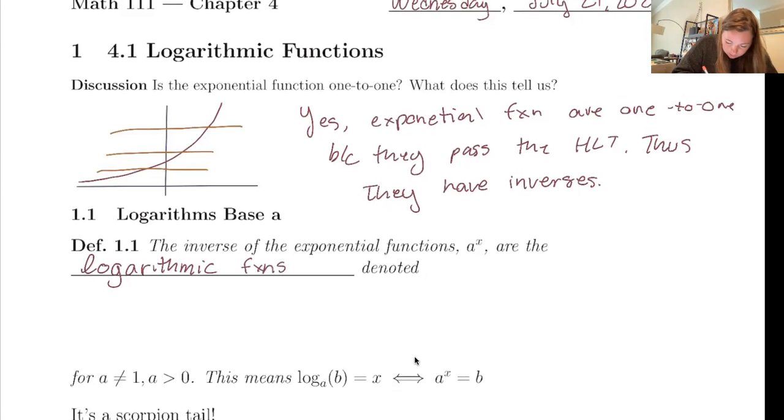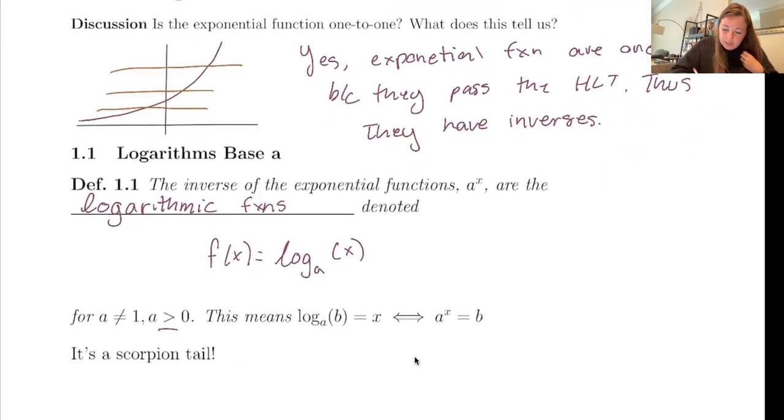And those are f of x equals log base a of x, for a not equal to 1. Remember, for our exponential functions, a couldn't equal 1 either; greater than 1 is growth, smaller than 1 is decay, but also a had to be greater than 0.